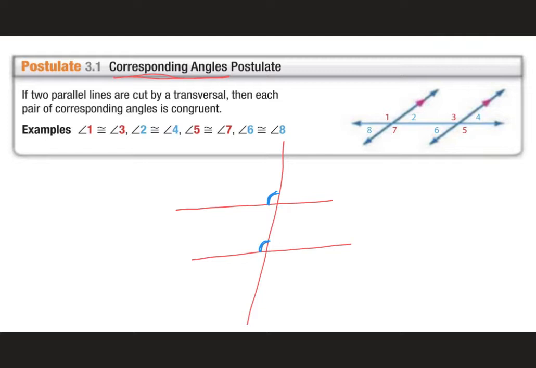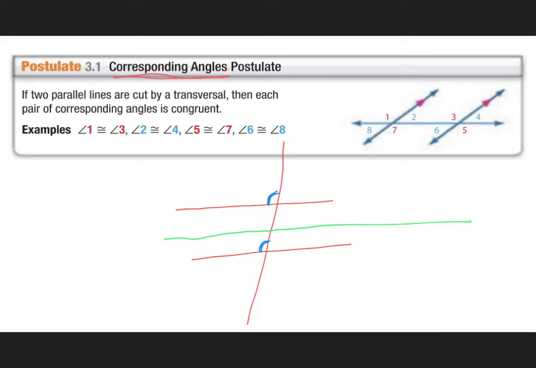Think about it like taking that first parallel line and cutting this in half. If I were to take the top half and put it right on top of the bottom half, they're going to correspond. The angles are going to land completely on top of each other. And that means that the angles are going to be congruent.